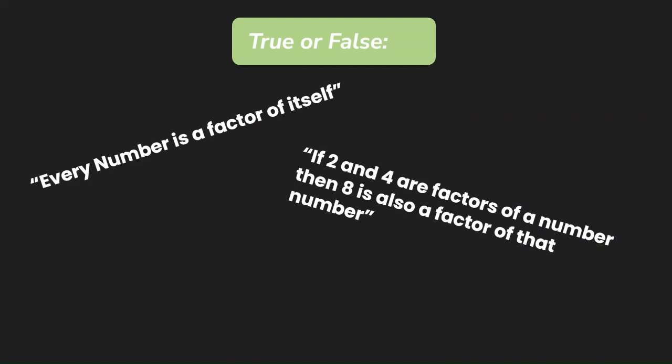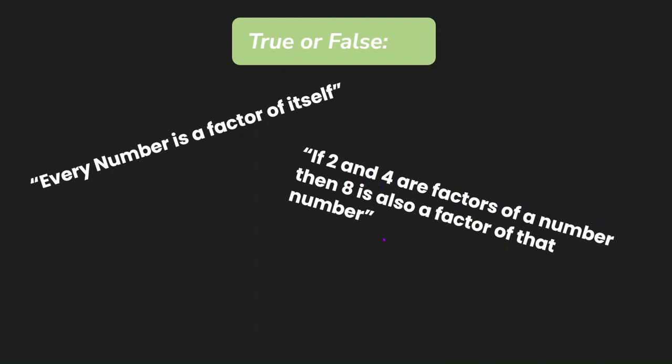If 2 and 4 are factors of a number, then 8 is also a factor of that number. Just by thinking about some examples, we can prove this false. Even just thinking of the factors of 4, which would be 1 times 4 and 2 times 2, 8 is not included in that. But 2 and 4 are both factors of that number.